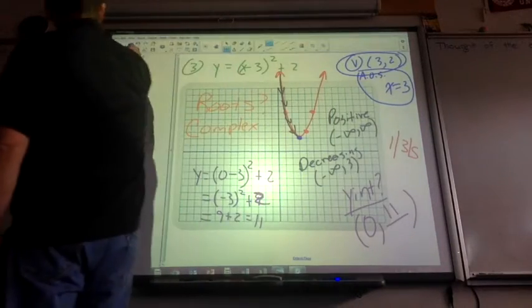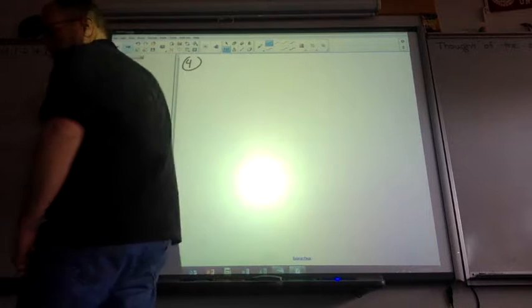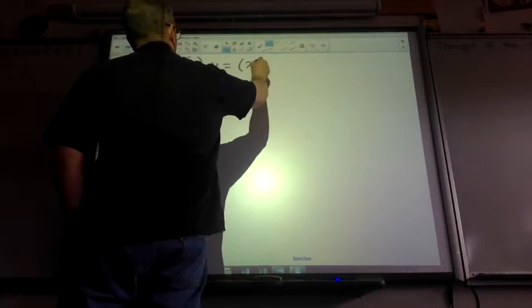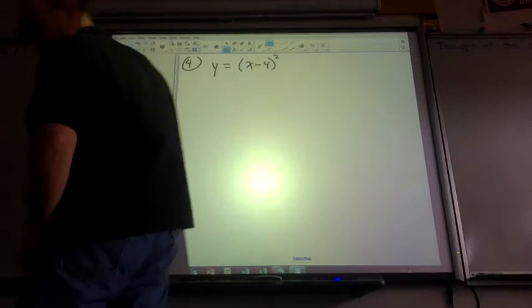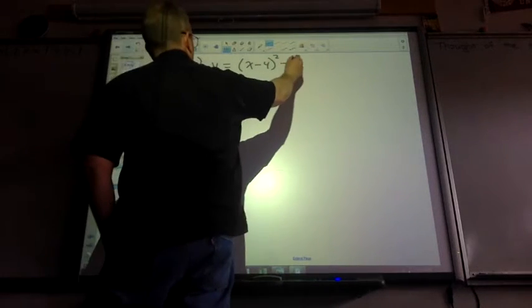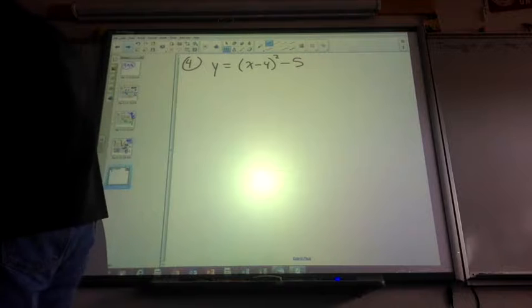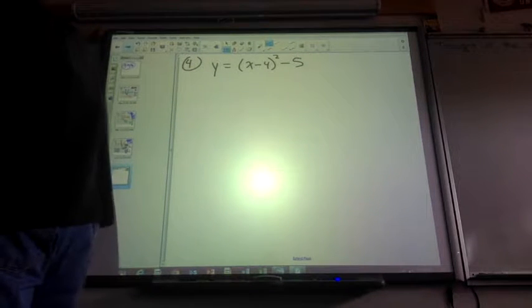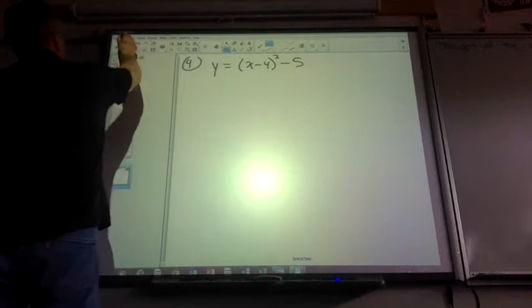Number 4. Number 4, we have y equals. Is this one set up in vertex form? Sure is. So it's set up in vertex form as well.